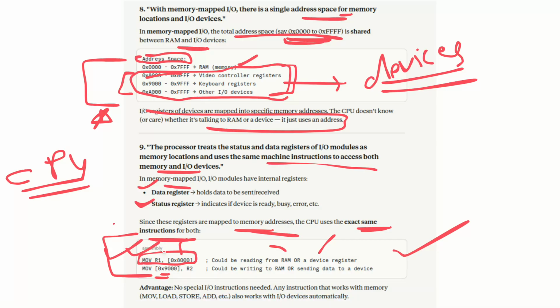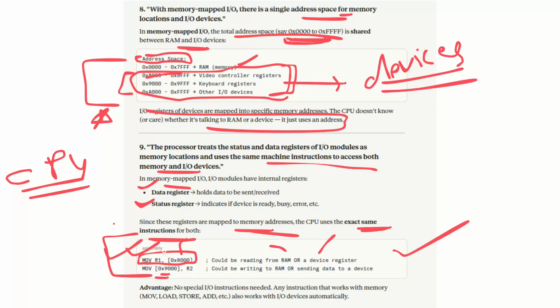Why? We have to say why the same instruction can be used both for accessing memory and for accessing IO devices. Because both the IO devices and the RAM are sharing the same address space in memory mapped IO.